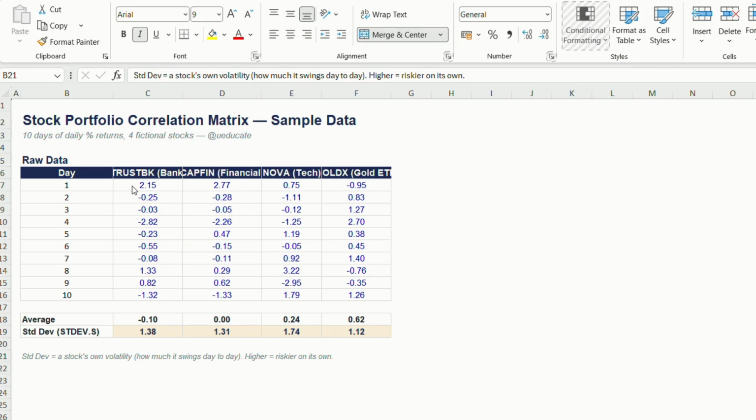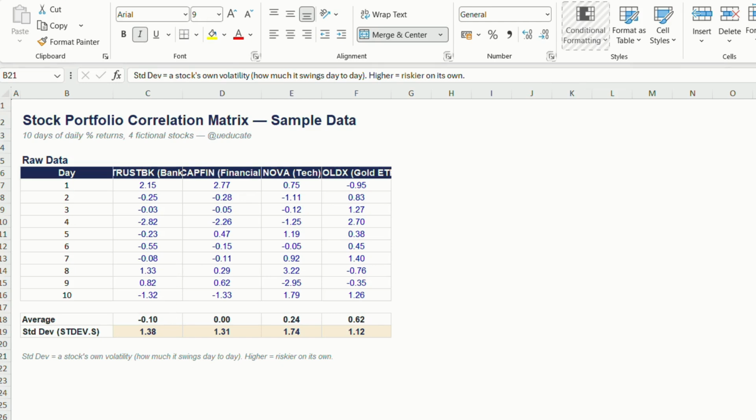Exact same mechanics as the Mehta grid, nothing new to learn here. We have the average of each stock and the standard deviation of each stock. Standard deviation measures volatility, how much it swings day to day. The higher the standard deviation, the riskier the stock is on its own, right?